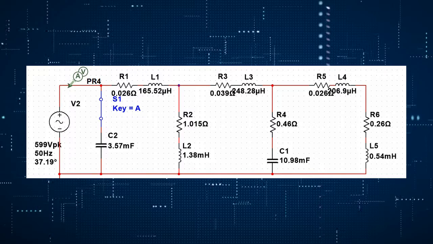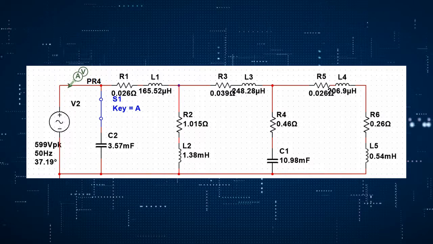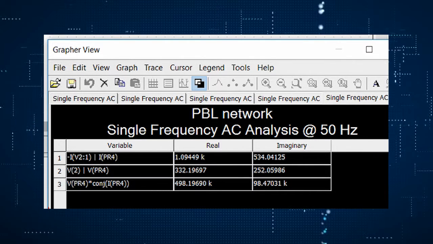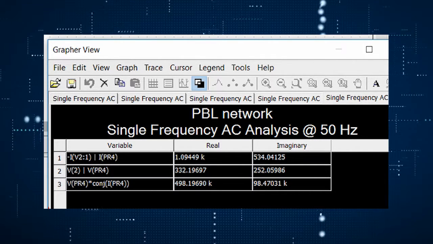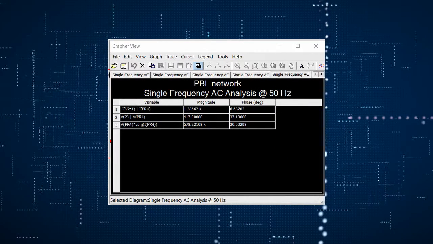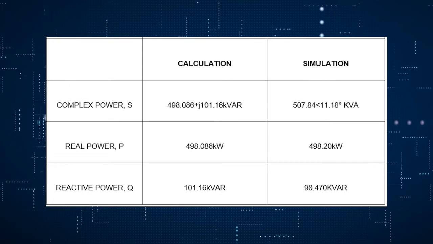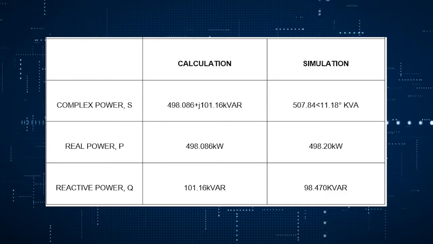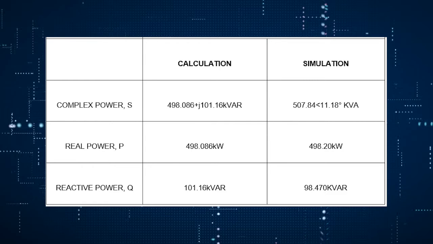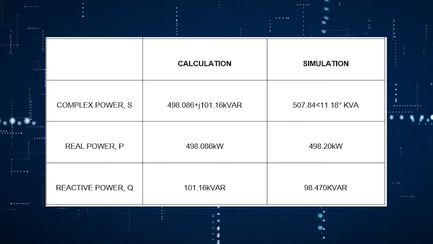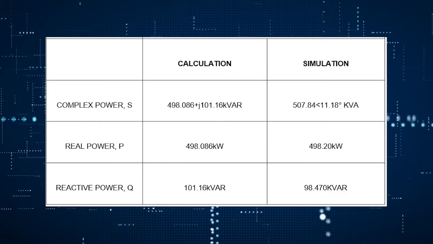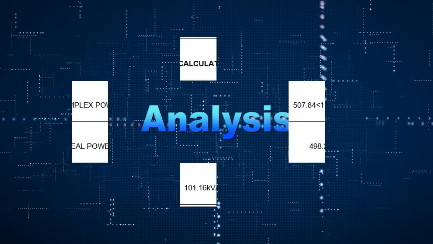Then the total power of this system is measured again, and there will be changes of real power, apparent power, and reactive power of the system as the power factor has been changed. And this is the data for real, apparent, and complex power of the whole system after the power factor correction. This result is a comparison of calculation and simulation result after the power factor correction.